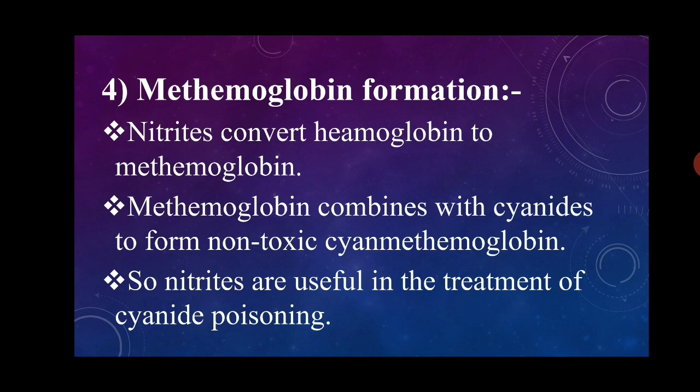These nitrite and nitrate drugs have another therapeutic effect. These nitrites convert hemoglobin to methemoglobin. The nitrite drugs include amyl nitrite, glyceryl trinitrate, and others, all of which are used in the treatment of cyanide poisoning.